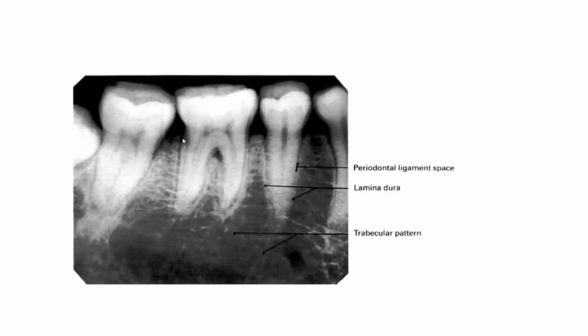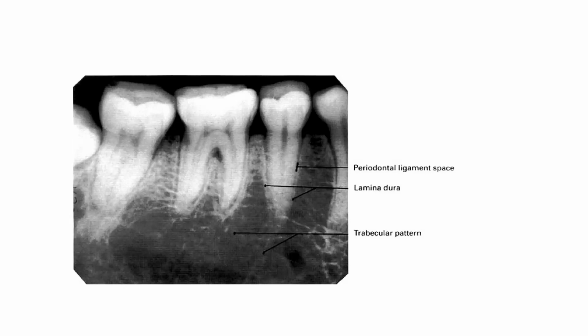As you can see, along between the bone and the tooth, there is a dark line. You guys can see that? A dark line that runs along the roots of the teeth. We can identify that as the periodontal ligament space.